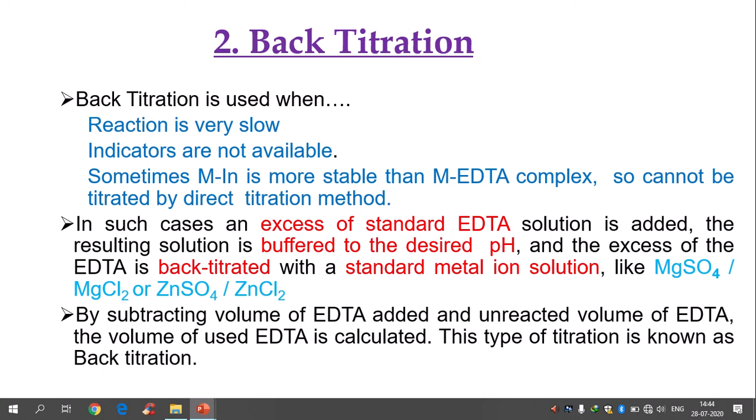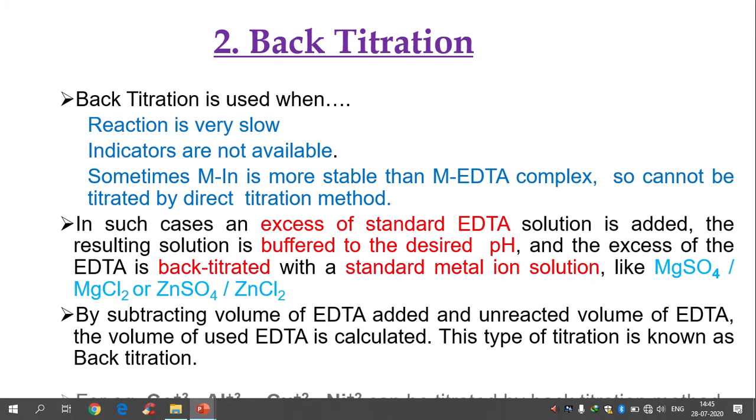And then finally, by subtracting the volume of the unreacted EDTA from the total volume of the EDTA added, we can determine the volume of the EDTA that is used. This type of titration which does not take place directly is known as back titration.